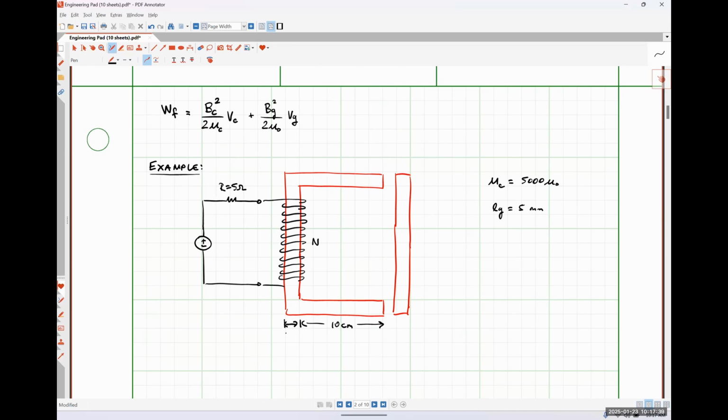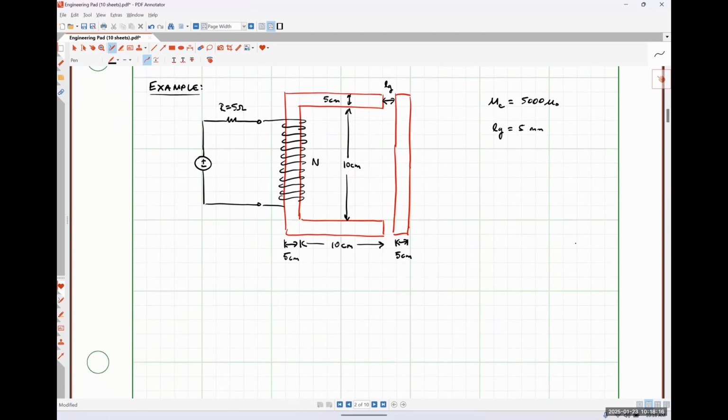This width right here, 5 centimeters. This width right here, 5 centimeters. This distance right here is 10 centimeters. And this distance right here is 5 centimeters. And I think that's all we should need. I'm just going to make a note that this distance is my air gap.